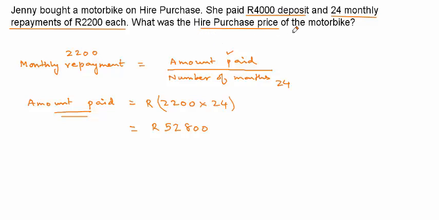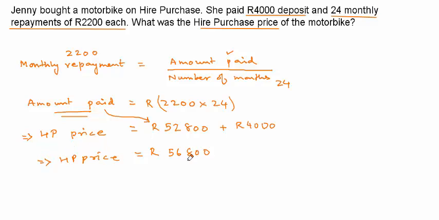So if we want to find the hire purchase price, that means the total price that she had to pay, we need to add another 4,000 Rand, the initial deposit that she made, which makes it 56,800 Rand. That's the hire purchase price. So therefore, the hire purchase price is equal to this amount paid plus 4,000. So the hire purchase price is equal to 56,800 Rand. Let's look at another one.